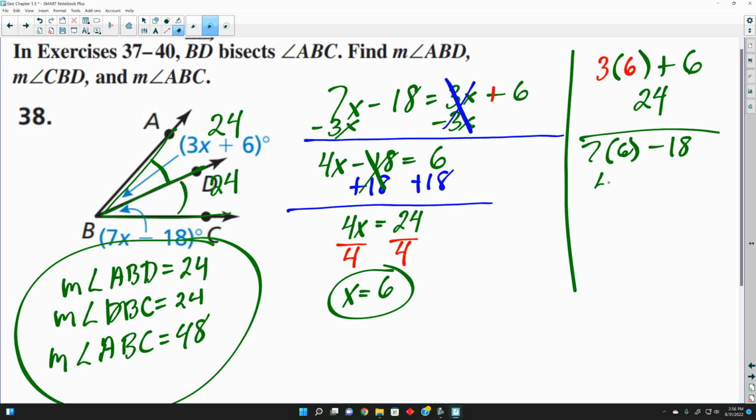Well, 7 times 6 is 42. And 42 minus 18 is 24. Now, the whole angle is these two added together. So ABC is 24 plus 24, which is 48. Does that make sense? So it's kind of plugging it back in. Any other questions on this here?